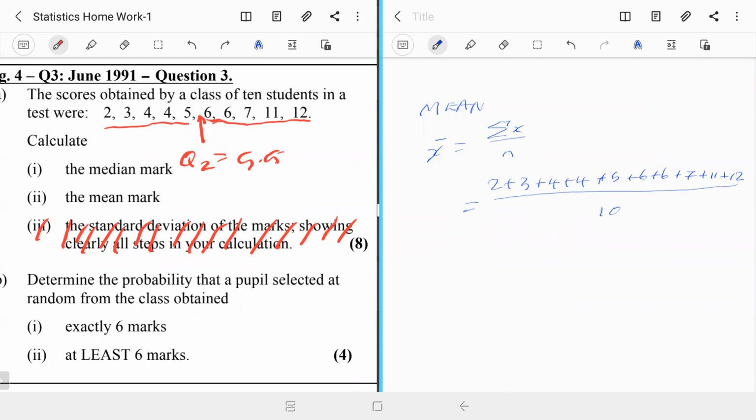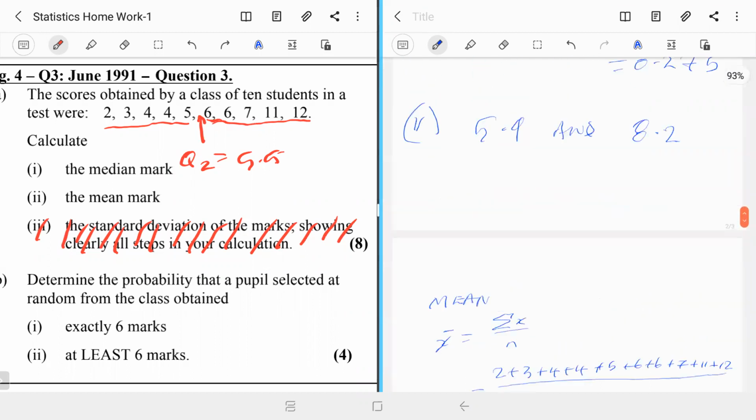What does that work out to? That's 60 over 10, which is equal to 6.